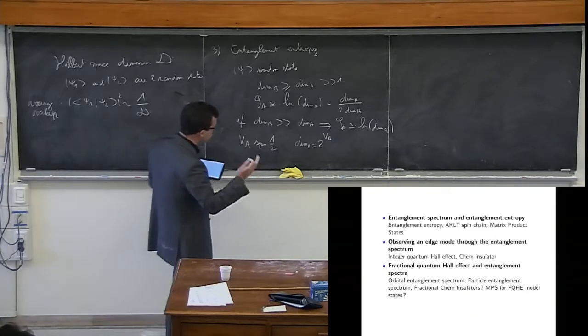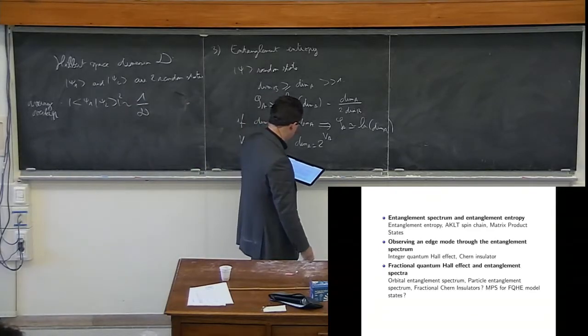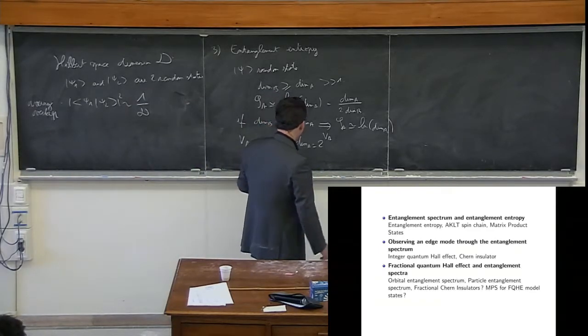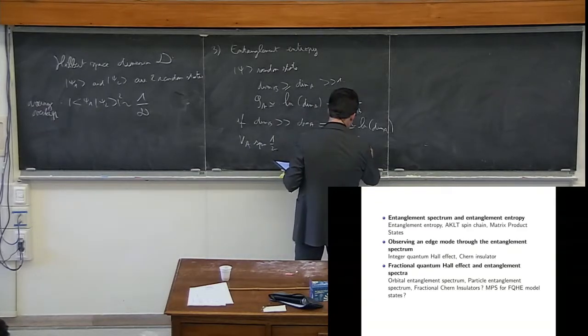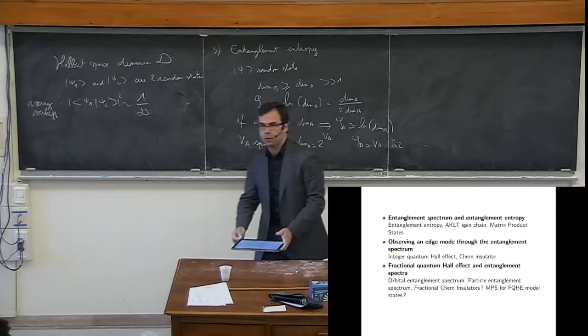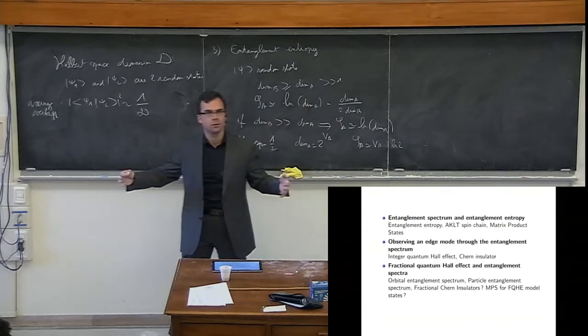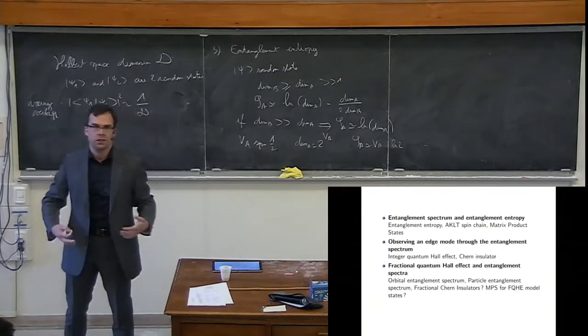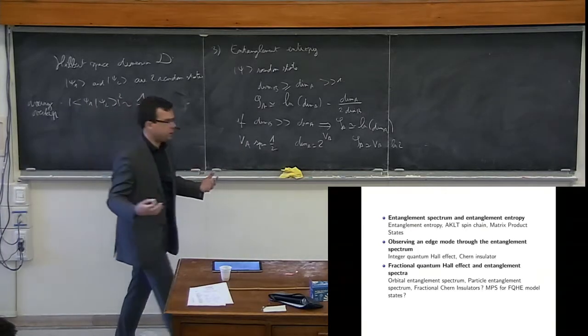Dimension of B will be 2 to the power V_B if you have V_B spin 1/2 for B. So roughly, S_A goes like V_A log 2. V_A is what? It's the number of spin 1/2, but it's also the volume of the part A.